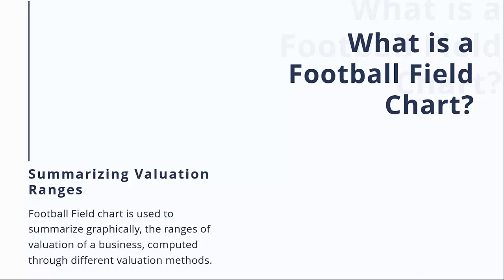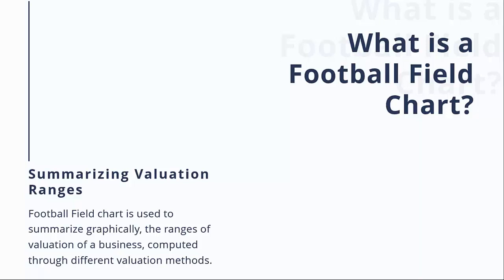Valuation guys might be aware of certain different methods that we use to arrive at the valuation of a company. If you're a student and attending such webinar, I would like to inform you that there are various methods that we use to arrive at the valuation of a company. All right. So this football field chart is used to summarize, as I said, but summarize graphically.